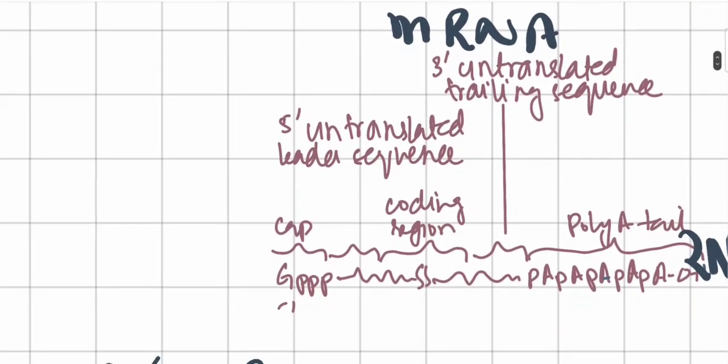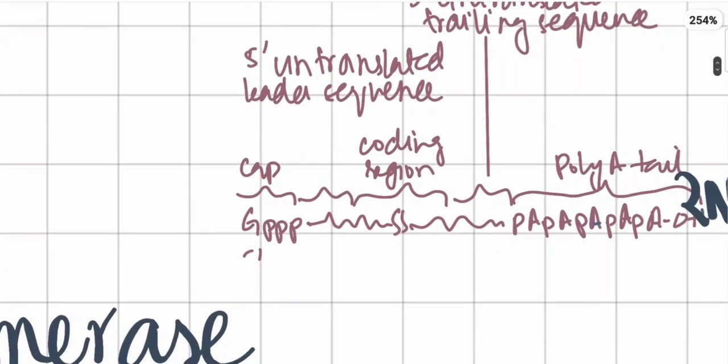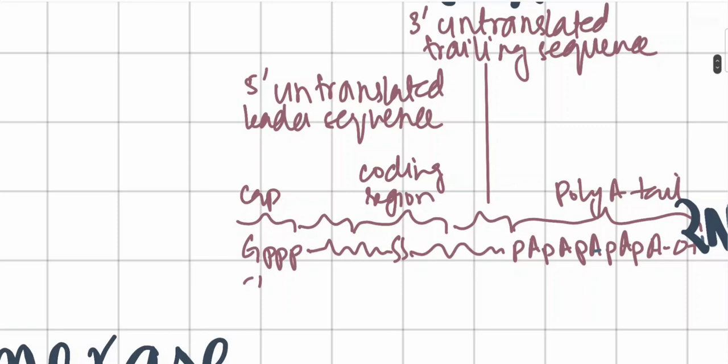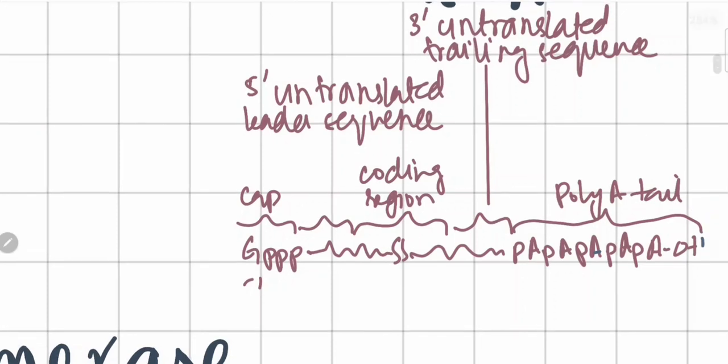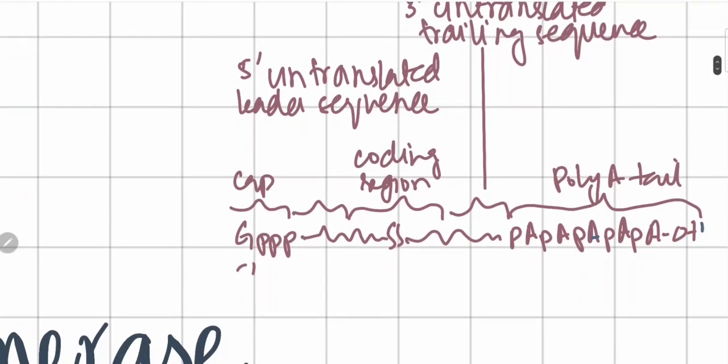Here we have the mRNA. We need to do a bit of detail here, not much. What you see is that mRNA is essentially one long strand. Here we have a poly A tail at the end.